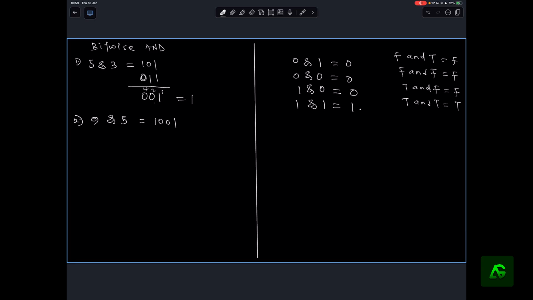And 5 is 1 0 1, and we need to complement this with a 0. Since 1 and 1, true and true, is true, and false and false is false, which is 0, the answer is still 1. Because when you convert this from base 2 to base 10, it gives us 1. Do you get that now?